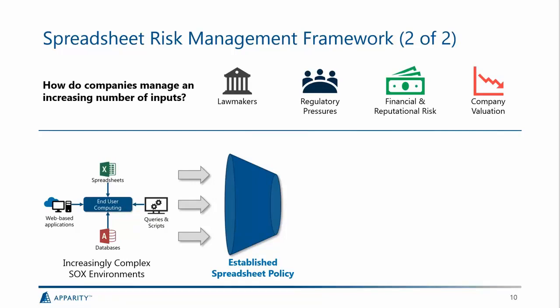And while spreadsheets make up the lion's share of all these applications, spreadsheets are connected to other data sources. They manipulate data and output to other data sources, and all these things are working with one another. So your policy needs to be able to reflect that, and you need to be nimble enough to manage all these different inputs, as well as the different environments that your spreadsheets are going to be in.